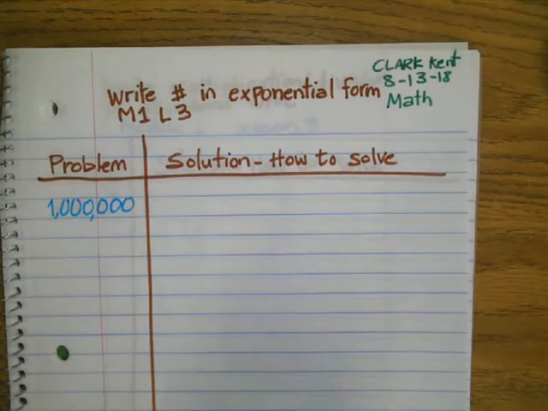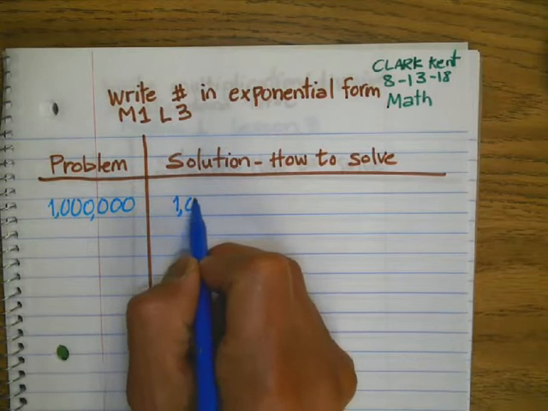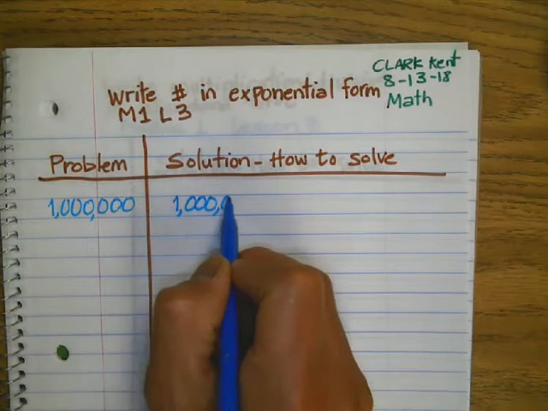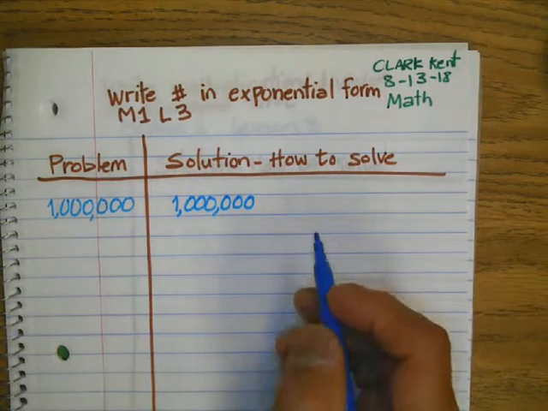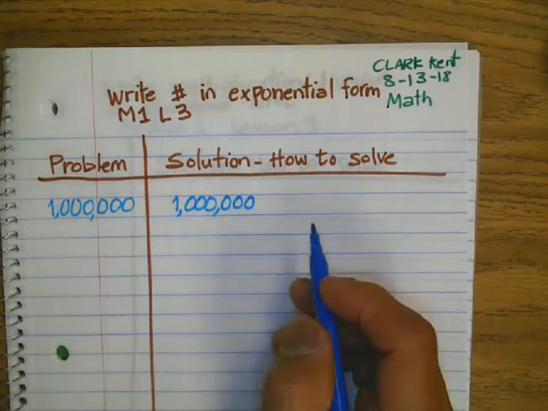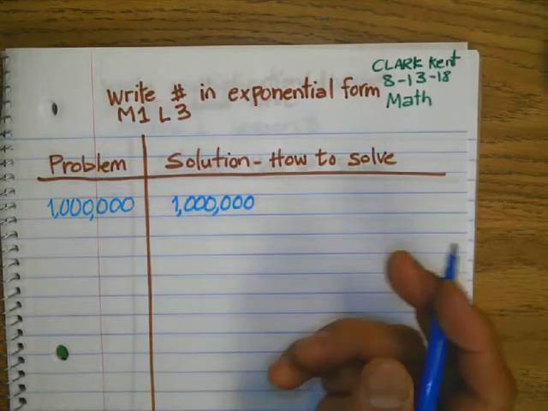So here's what we do. On the solution side, we're going to rewrite the number. And we can do this the easy way or the difficult way. If you look at it, every zero represents a 10.